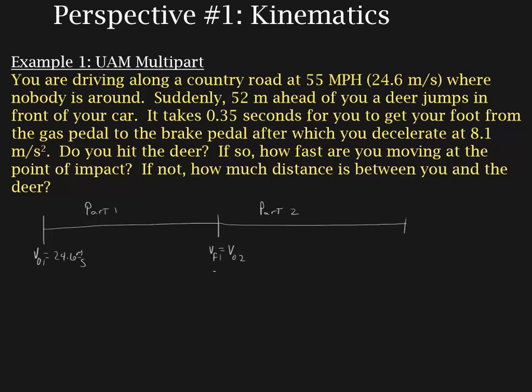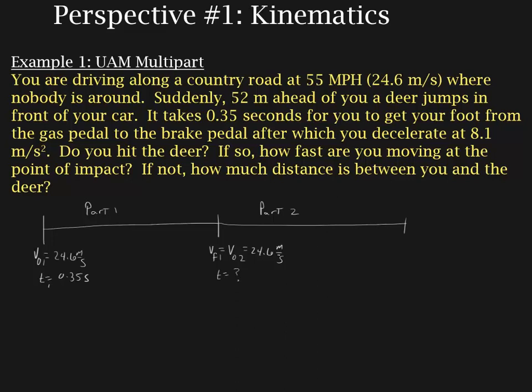V final of part one is still 24.6 meters per second, because the car has not begun to slow down yet. This entire time interval for part one is equal to 0.35 seconds. The time interval for part two is a completely unknown quantity.